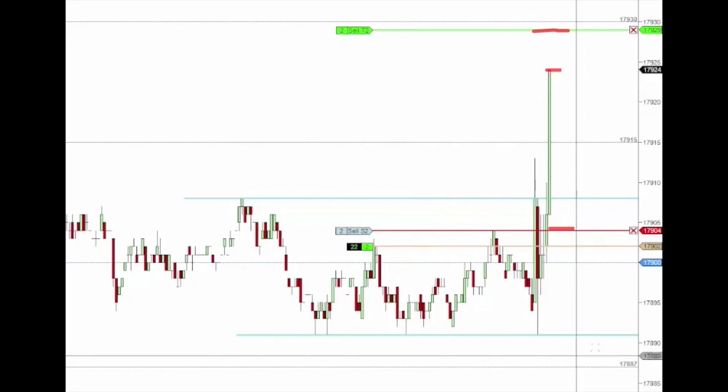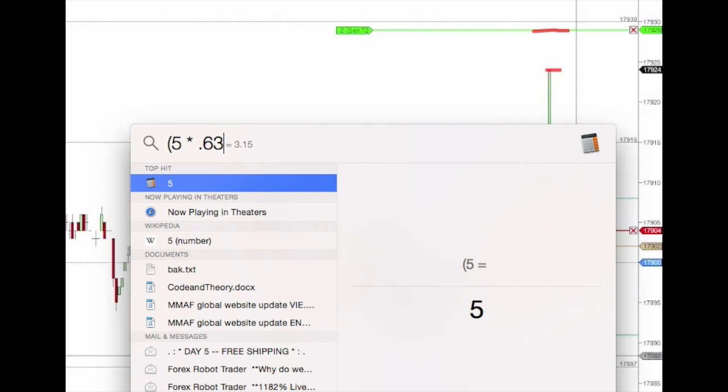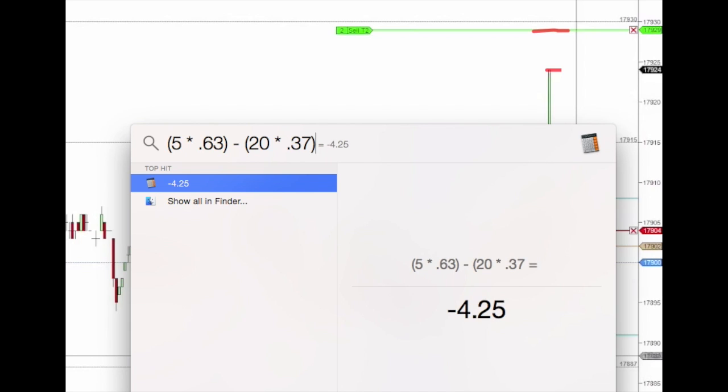But let's do this in a mathematical way. Let's actually do the expectancy formula for this. So I'm looking to get 5 points, and my strike rate is currently 63%, while I'm risking 20 points, and the opposite of that is 37%.